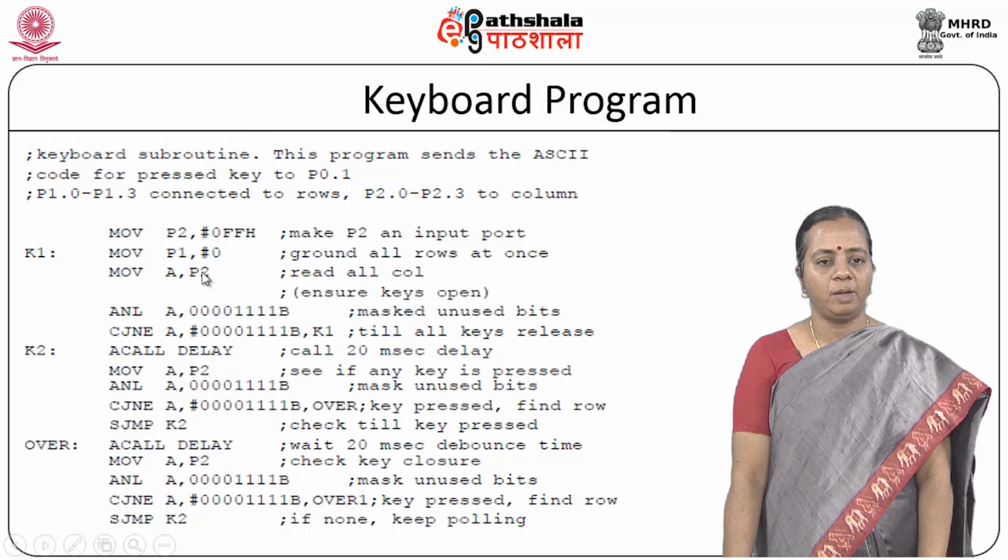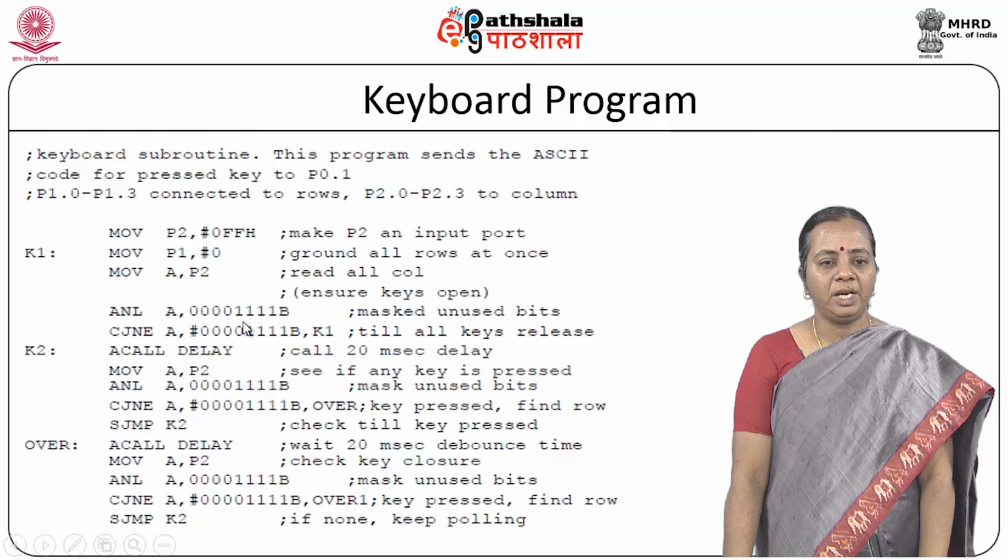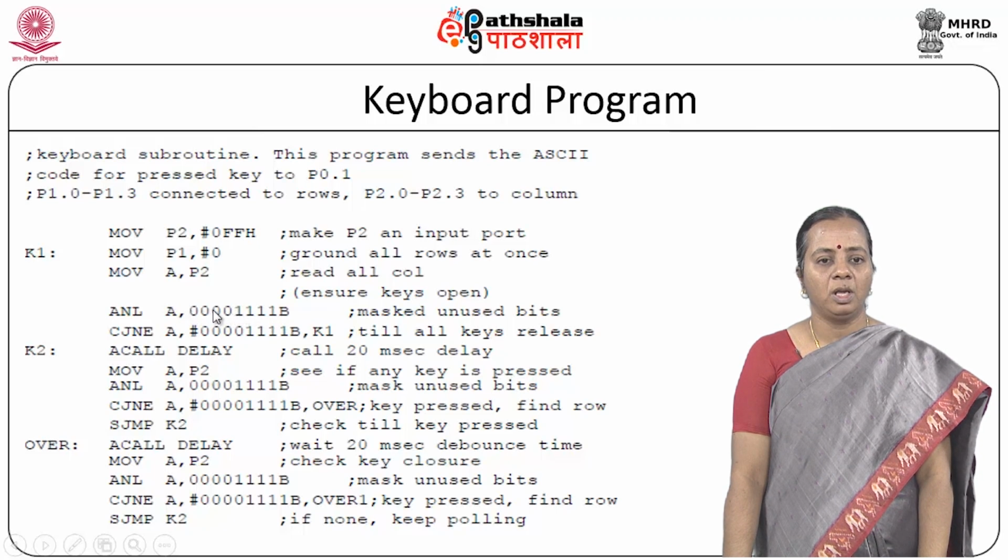So I move P2 to A, and the A data is ANDed with 00001111. The upper nibble is masked because it is 0. We will be reading only these 4 pins, so the upper part is discarded by ANDing with 0000 in the upper nibble and 1111 in the lower nibble.